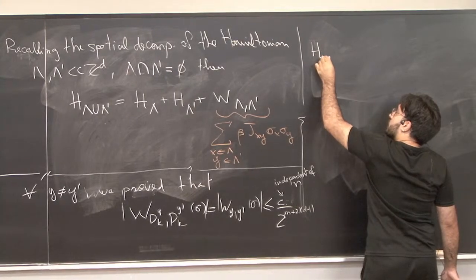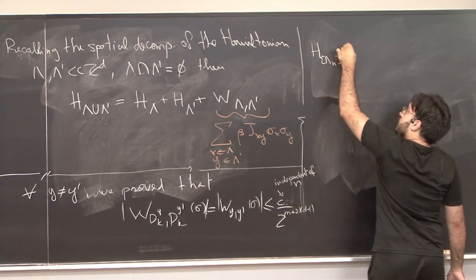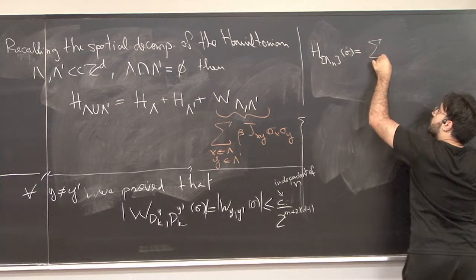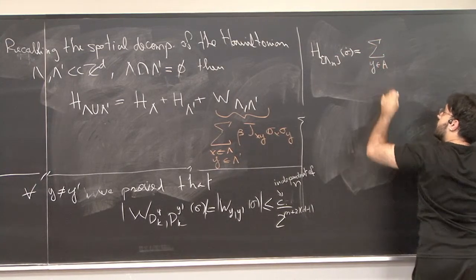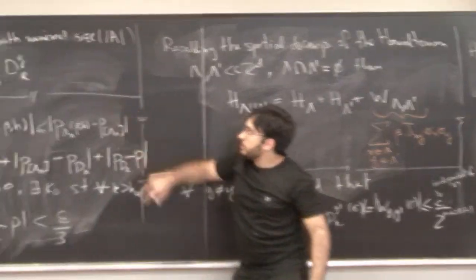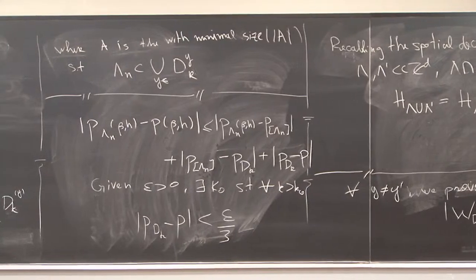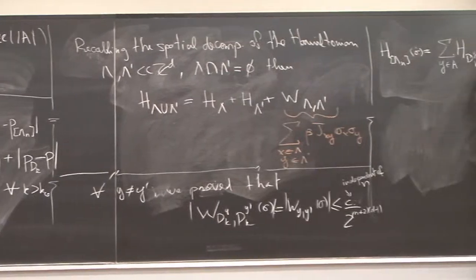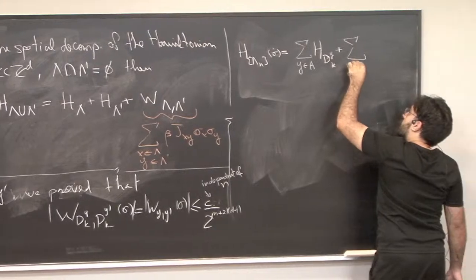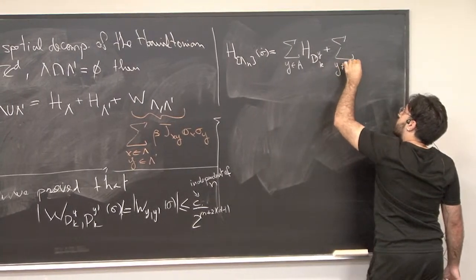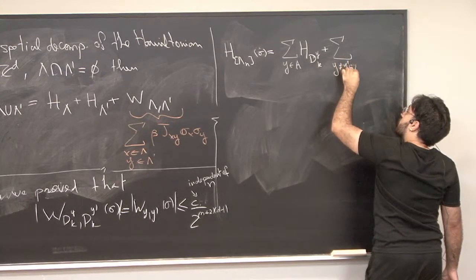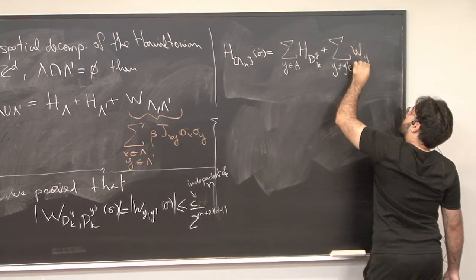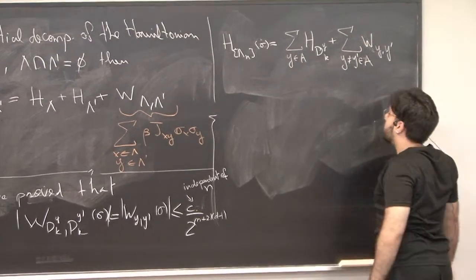You can use the decomposition property to show that this is equal to the sum over y inside A, where A is this minimal set right here, of h dy k, plus the sum over y different from y prime inside A of w y prime.